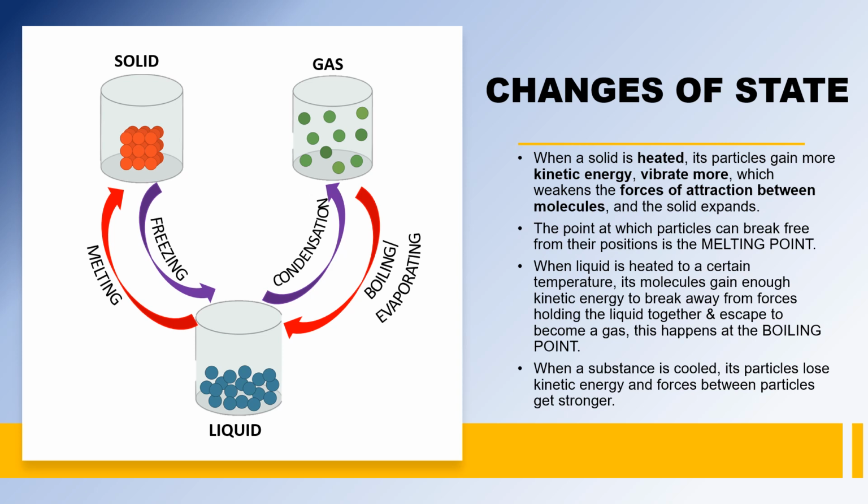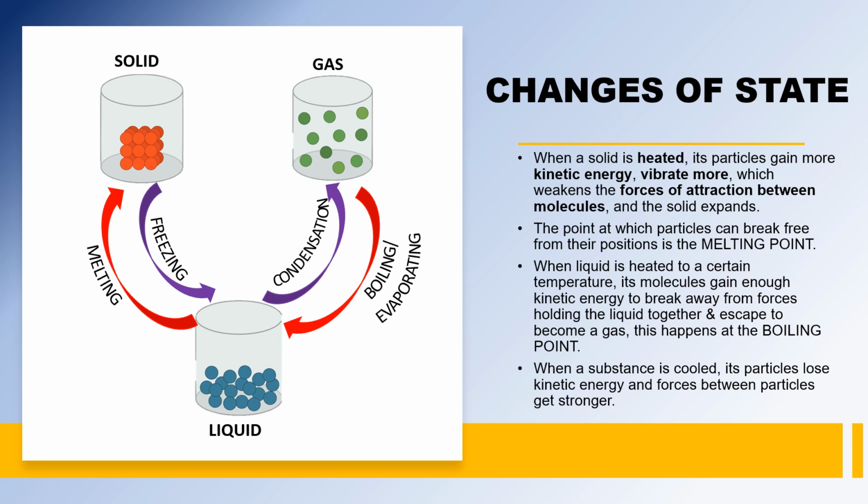This will weaken the forces of attraction that is holding the ice cube together, and it will expand. At a certain temperature, which is called the melting point, the particles will have enough energy to break free from their positions, and the solid will turn into a liquid, which in this case the ice cube is melting into water. Now we have the water, liquid.